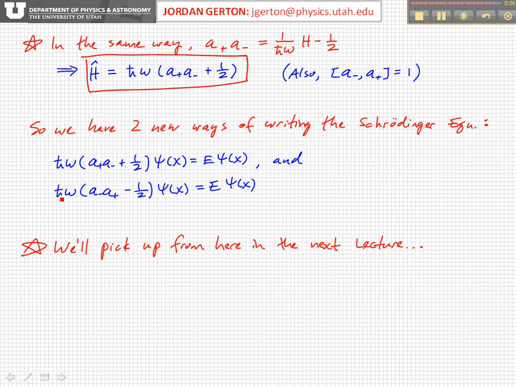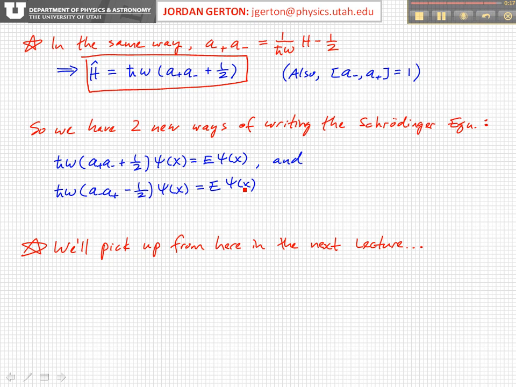And by the same token, we can write the Hamiltonian operator this way: h bar omega times A minus A plus minus a half, operating on psi, is equal to the energy times psi. Okay, so we have two eigenvalue equations, and it's not at all clear right now where this is going.